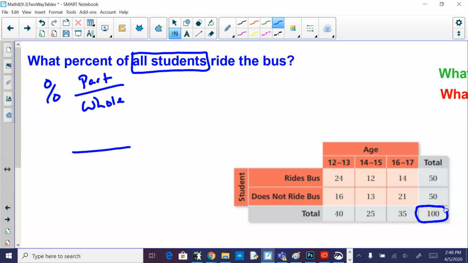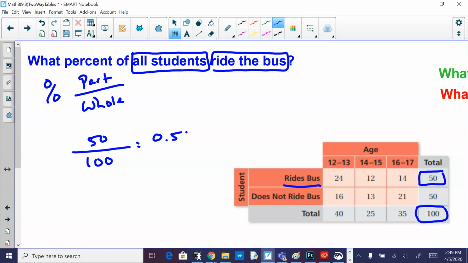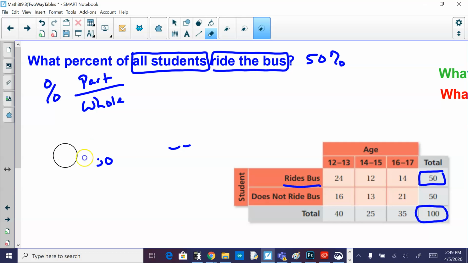There were 100 people who took the survey, so I think that's the number it's talking about. Out of all 100 students who took the survey, how many were yes, they ride the bus? Look over here on our marginal frequency. We have 50 people who ride the bus. So the part would be 50, the whole is 100. If we use our calculator, we'll get 0.50, move our decimal 2 places. That would be 50% of students ride the bus.